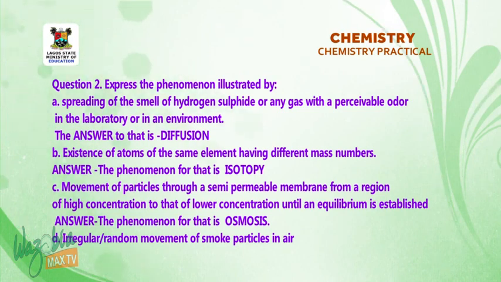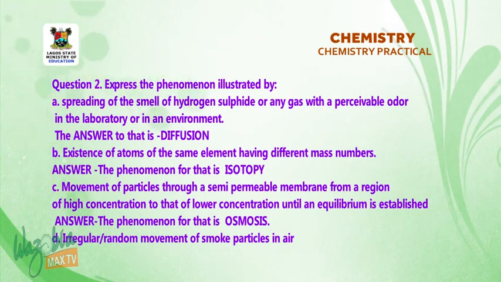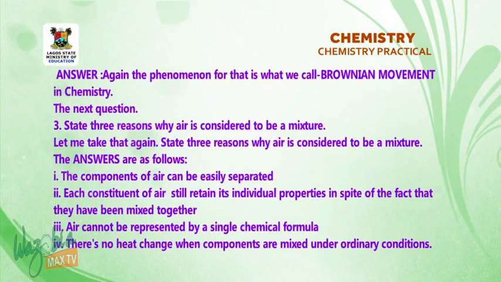And C. Movement of particles through a semi-permeable membrane from a region of high concentration to that of lower concentration until an equilibrium is established. The phenomenon for that is osmosis. And D. Irregular or random movement of smoke particles in air. Again, the phenomenon for that is what we call Brownian movement in chemistry.